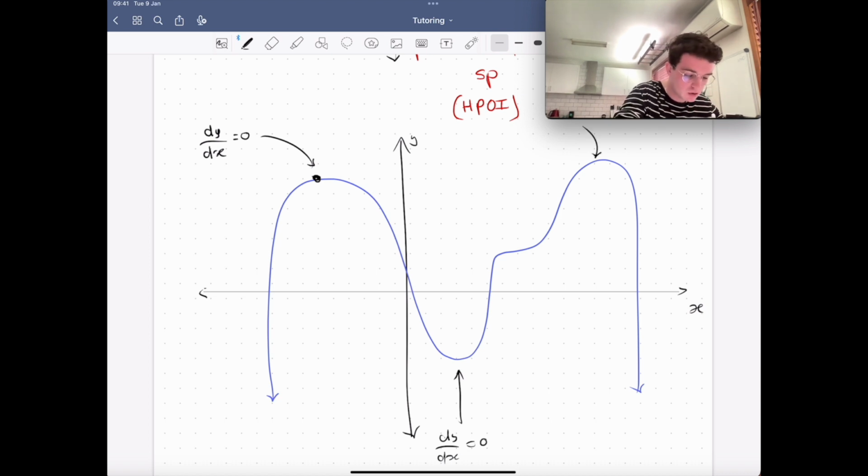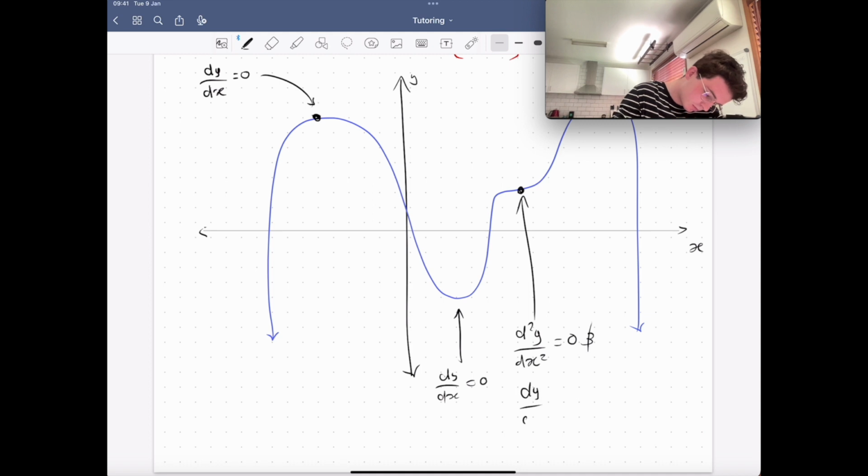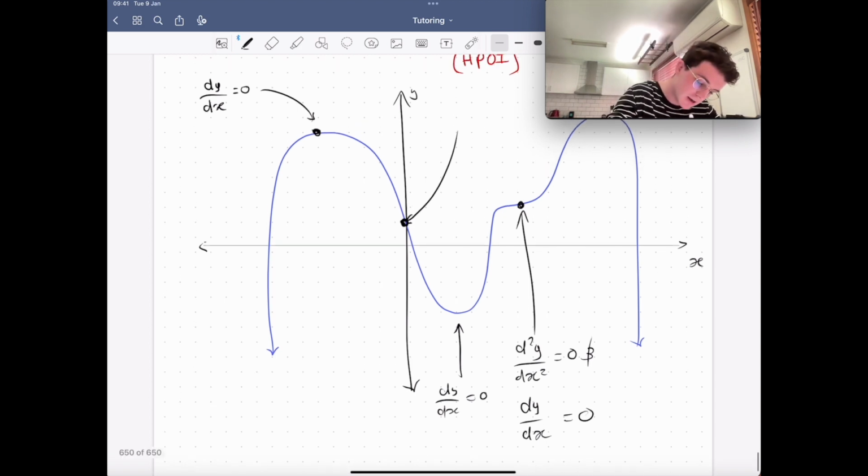And at this point here, dy/dx equals 0. Okay, now at this point right here, d2y/dx squared equals 0, and dy/dx equals 0. And at this point here, this is actually my point of inflection. That's where it stops becoming concave down and starts becoming concave up. This is where d2y/dx squared, or y'', is equal to 0.